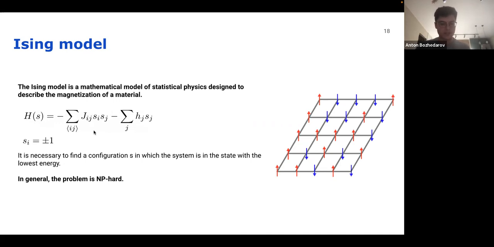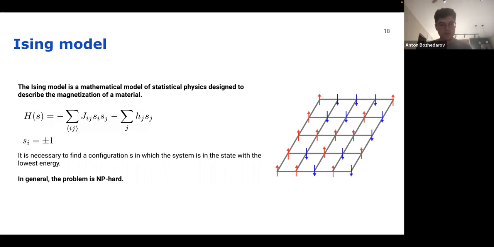We have a matrix J, and the matrix is symmetric. The second part of the equation is the external magnetic field, additional forces that act on the system. That corresponds to the Ising spin model. And when we have a square lattice, or planar lattice, or chain, it's a very easy problem to solve analytically.